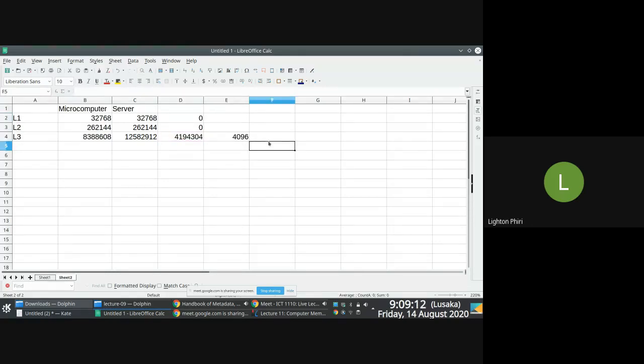You notice the difference in terms of megabytes. So it's a difference of about 4 megabytes in terms of Level 3 cache associated with server computer systems and microcomputer systems.